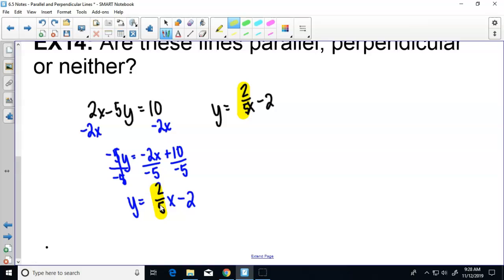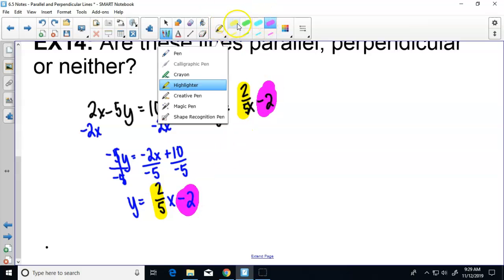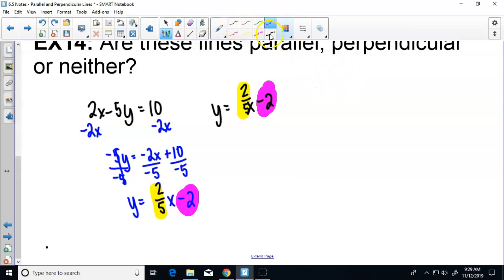Parallel, perpendicular, neither. This one's got a trick to it. They look parallel. Are they parallel? Why are they not parallel, Evan? They have the same y-intercept. So you would say for this one, neither. And another word that sometimes you will see, like worksheets or problems use, is coincide.